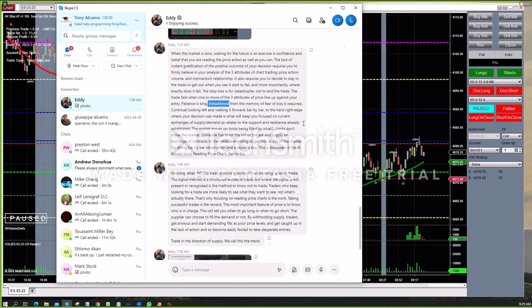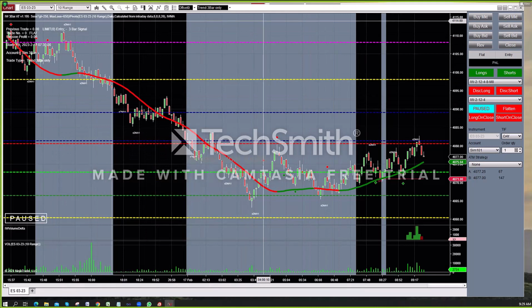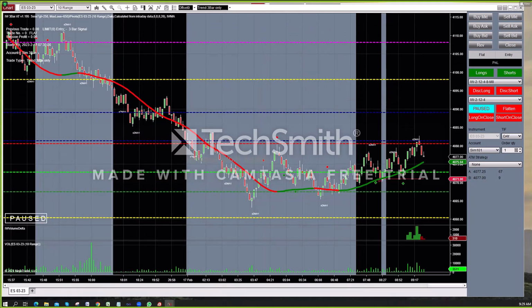So trading in the direction of supply, that's what we call the trend. That's why trading with supply, or trading with the trend, is the most important thing. Counter trend trading is a reliance on a hard line supplied by somebody.